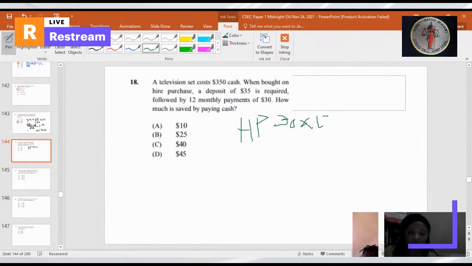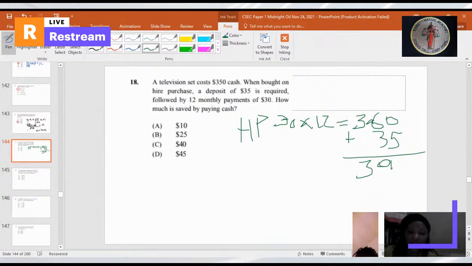So 30 times 12 is what? 360. Plus the down payment of $35. So we had to pay that down first. $395. So the 360 plus 35, that's 395, is the hire purchase price.